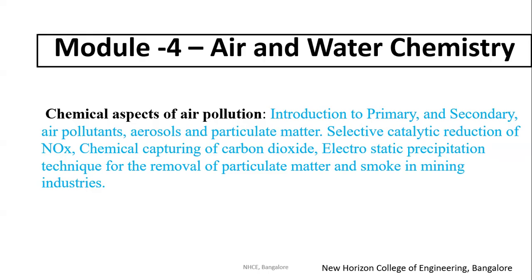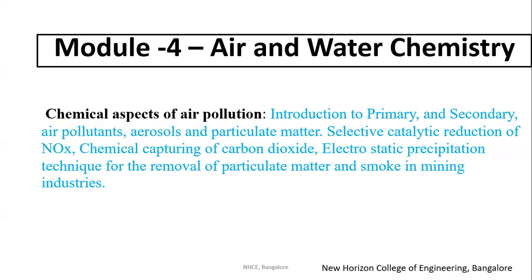So we will talk about what is environmental pollution and what is air pollution. If there is any change in the chemical or biological parameters of the environment, Earth's atmosphere, or any change in its composition, which adversely affects biological processes or normal ecological processes, that is called environmental pollution.